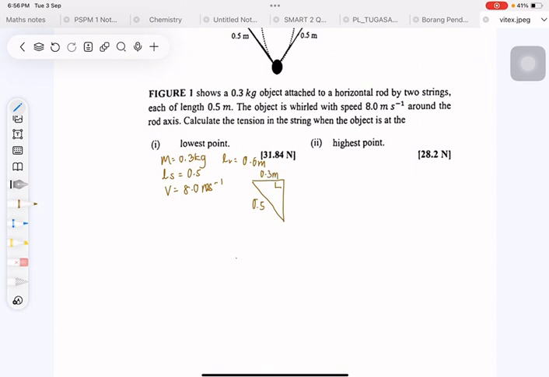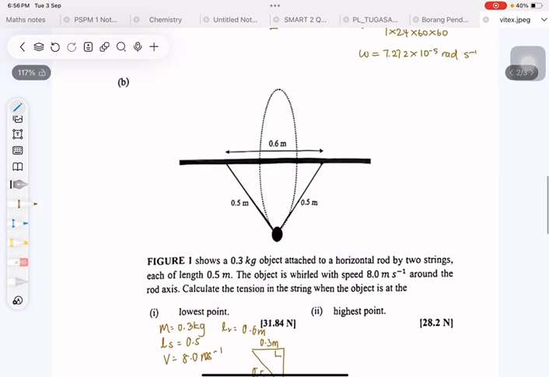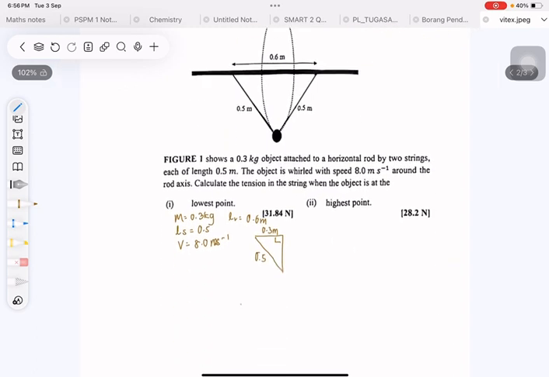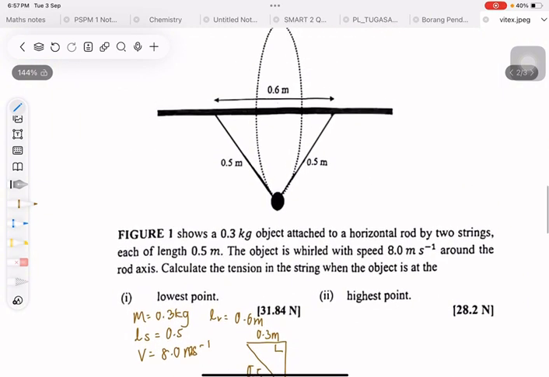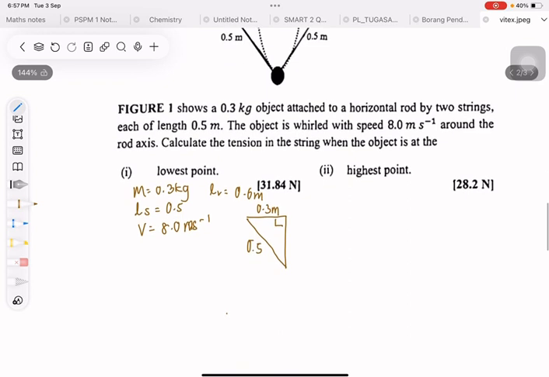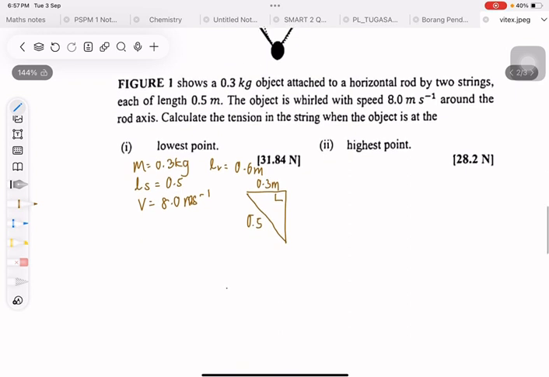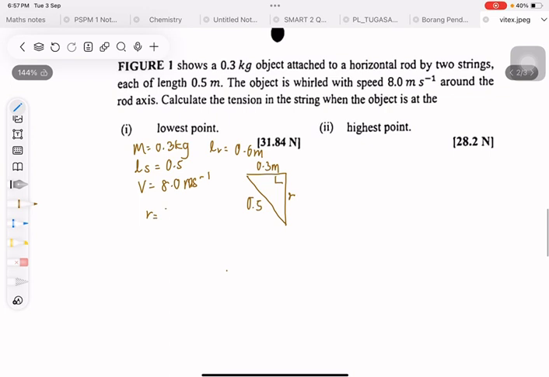Why do I write 0.3 meter? Because here is 0.6, and after we divide by 2, we get 0.3. Now we need to calculate the radius, which is here. So radius is equal to square root of 0.5 squared minus 0.3 squared, and we will get 0.4 meter.